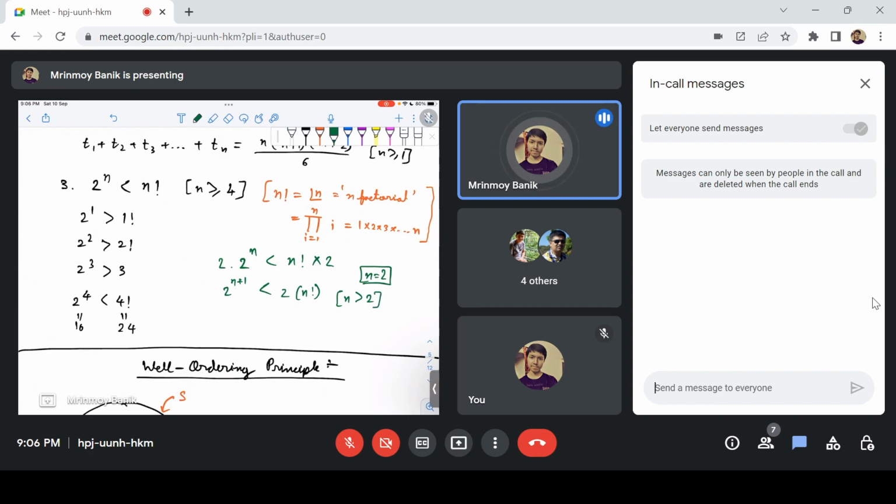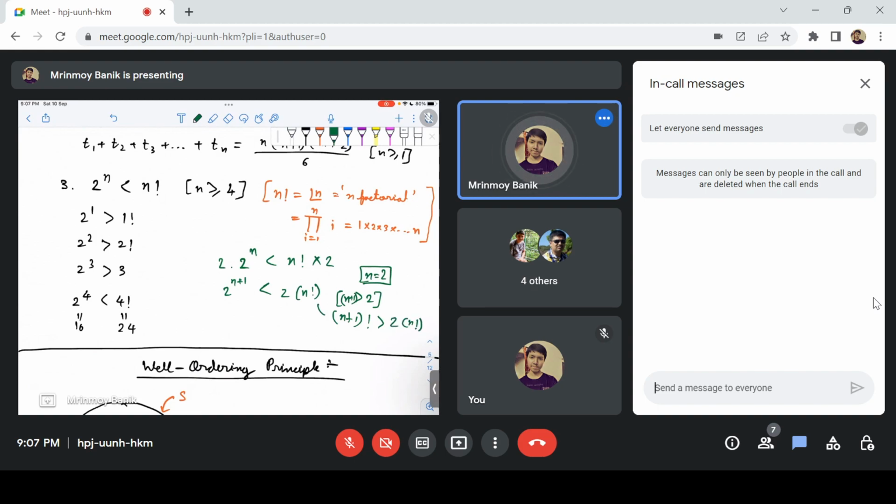So that means n plus 1 is strictly greater than 2. So multiply that by n factorial on both sides, we get n plus 1 factorial is greater than twice n factorial.